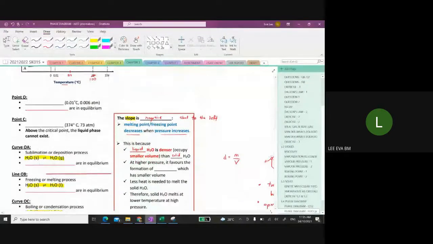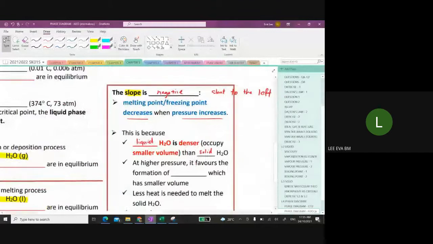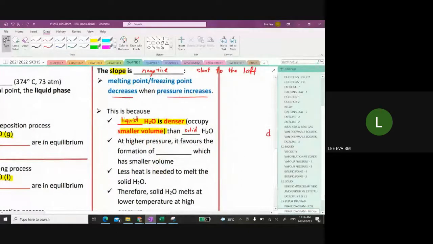Because liquid has a higher density and a smaller volume. So these are the keywords. If you want, you can highlight over here. Or you can explain that the density of solid is lesser and it has a bigger volume. You can do vice versa, no problem. But if you feel confused, you can follow the explanation method given.